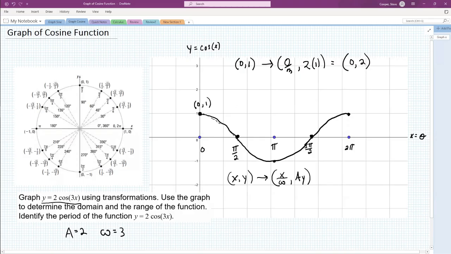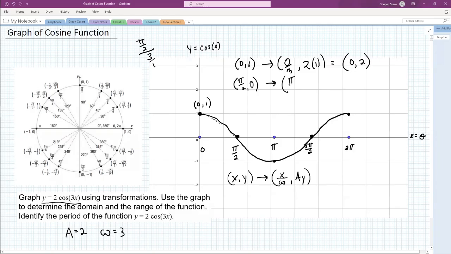Let's take our next point, pi over 2, 0. Okay, so I'm going to take that pi over 2. If I take pi over 2 divided by 3, okay, remember that's like 3 over 1. So the 1 flips up here times the pi, and then the 3 times 2. So that's going to turn into a pi over 6.